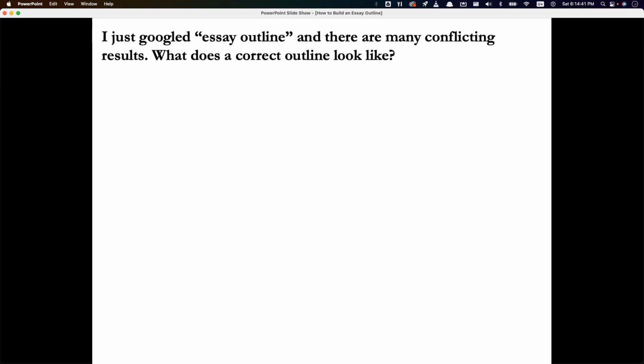So if you Google essay outline, you're going to see many conflicting results, many different kinds of outlines out there. And so you might wonder, especially after seeing the structure for the outline I'm going to show you, what is the correct outline structure?